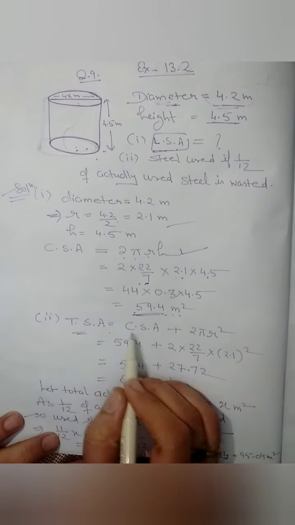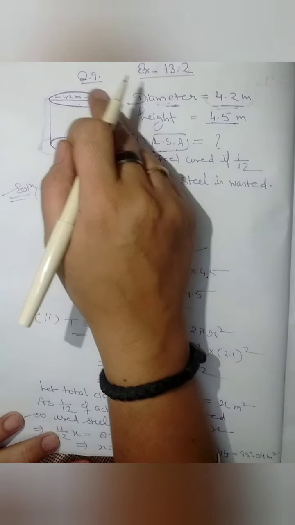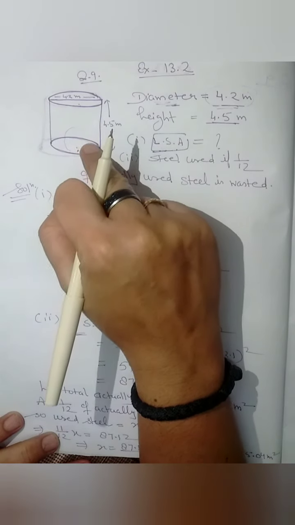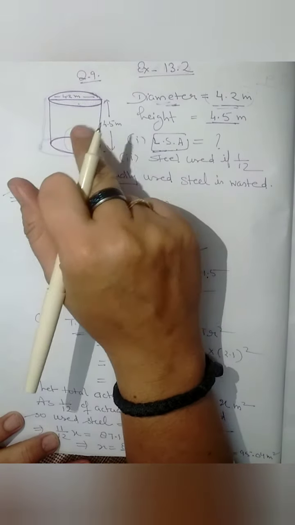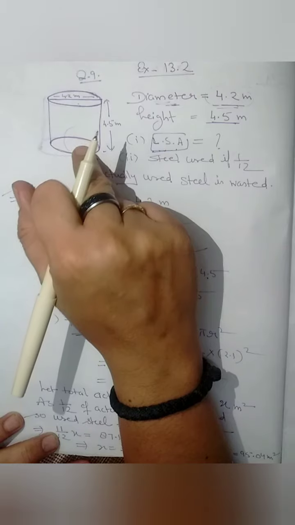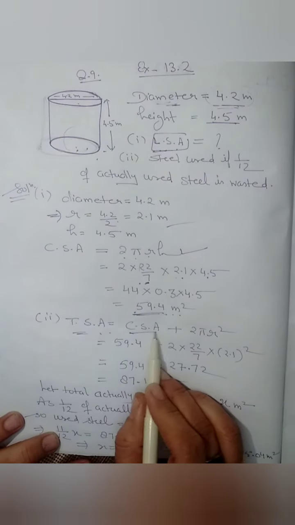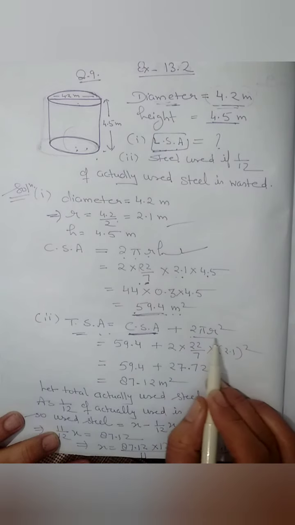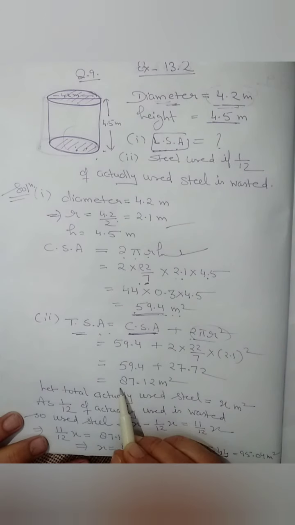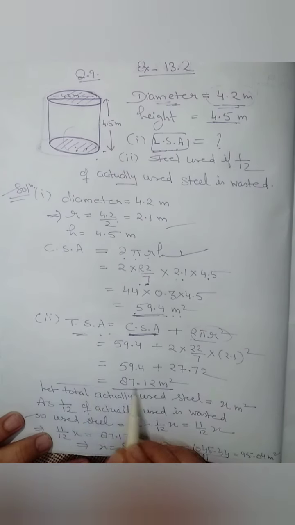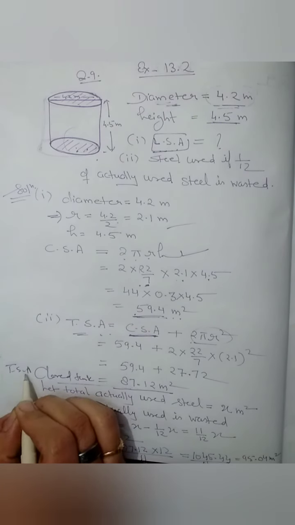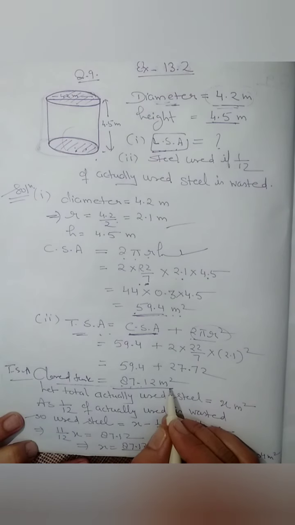Firstly we will find total surface area of this cylindrical tank, to know how much steel is actually required to form this tank. So total surface area will be equal to curved surface area plus 2 pi r square for this top and pi r square for this bottom. After calculating, we get TSA of this closed tank equal to 87.12 meter square.